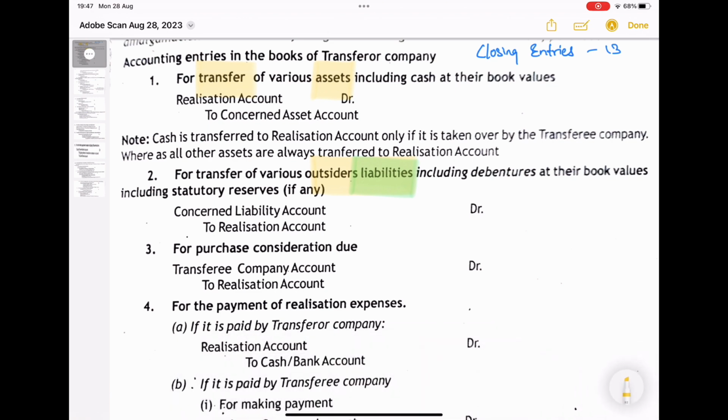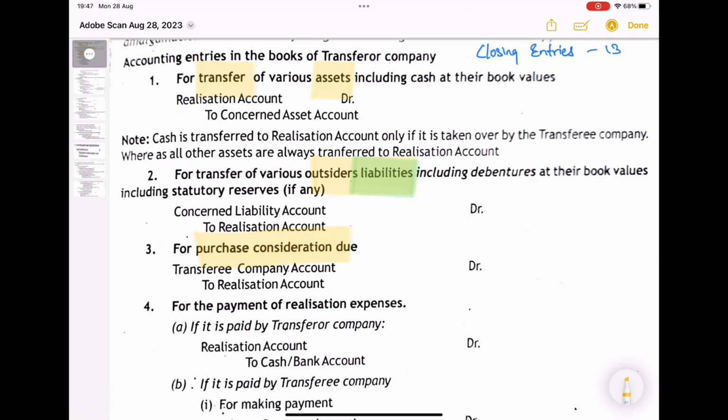So next, for purchase consideration due, firstly we are going to transfer the assets and liabilities. Immediately we are going to pass the due entry for purchase consideration. So here transferee company account debit, here you can mention the name of the company as well. So ABC Limited account debit to realization account, which means how much money we are going to pay them.